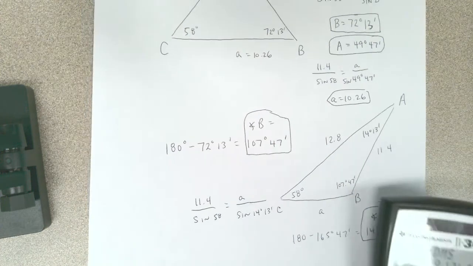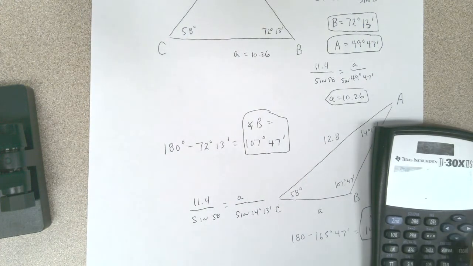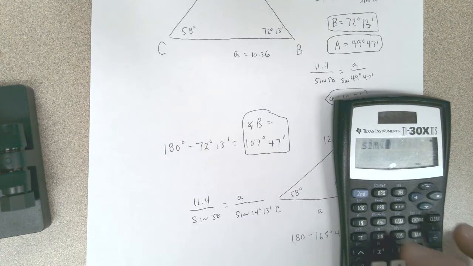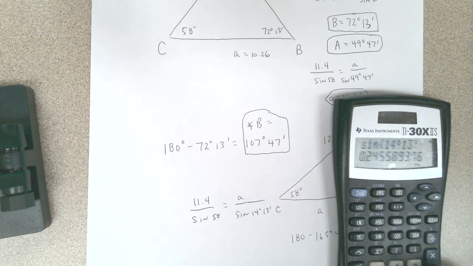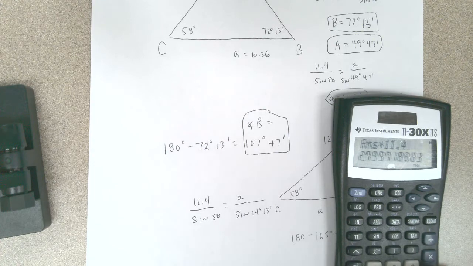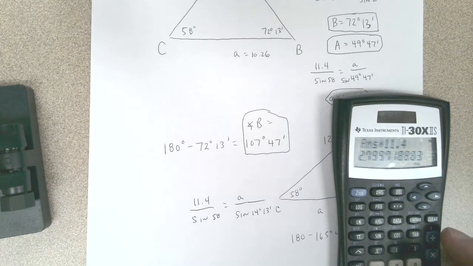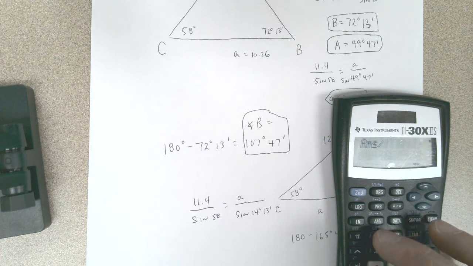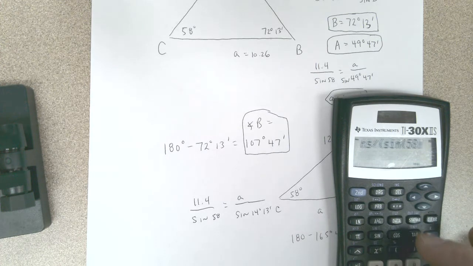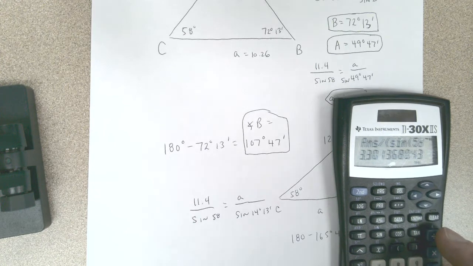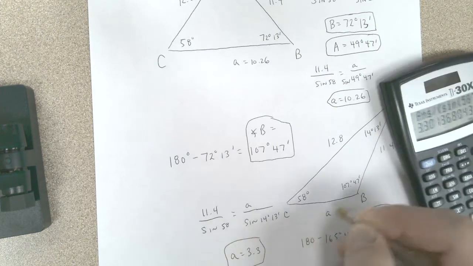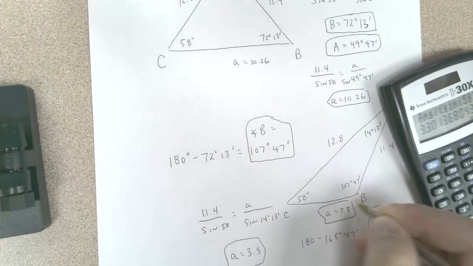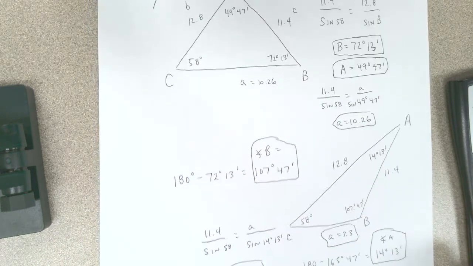On my calculator, sine of 14 degrees, 13 minutes times 11.4, and then I divide that by the sine of 58, and I get 3.3. So little a is 3.3. And there I have all my values.